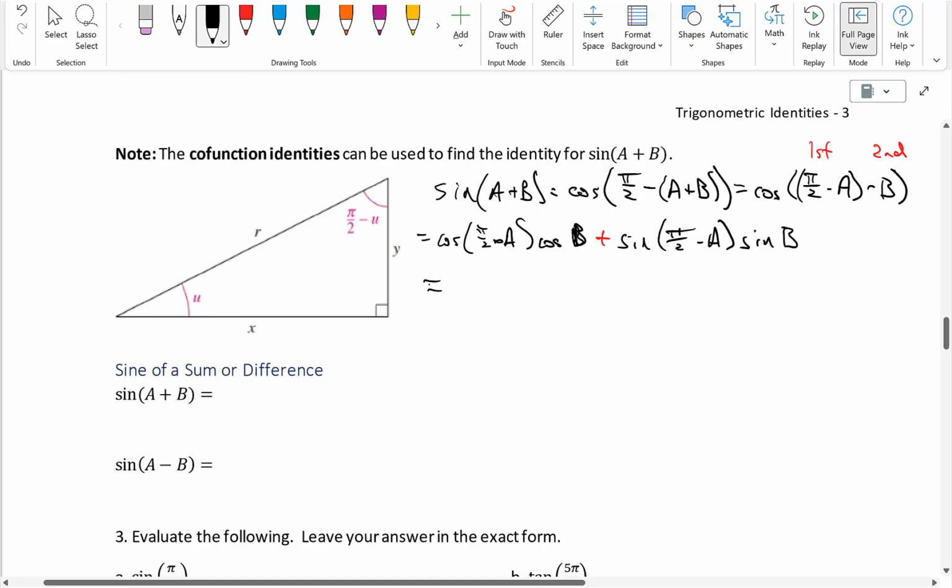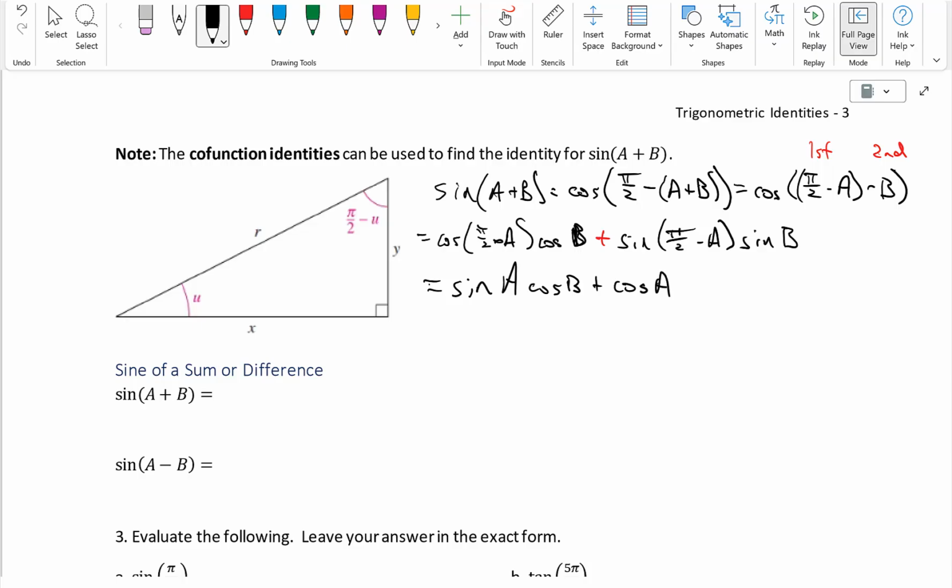That cosine of pi over 2 minus a would be the same as sine of a times cosine of b then, plus cosine of a, right, cofunction for the sine of pi over 2 minus a, and then times sine of b. So we've got our first sum or difference there. The sine of a plus b gives us a sine a times cosine b plus cosine a times sine b.